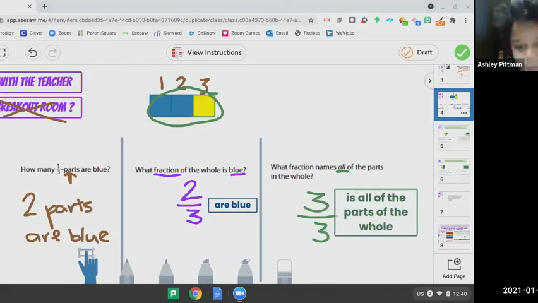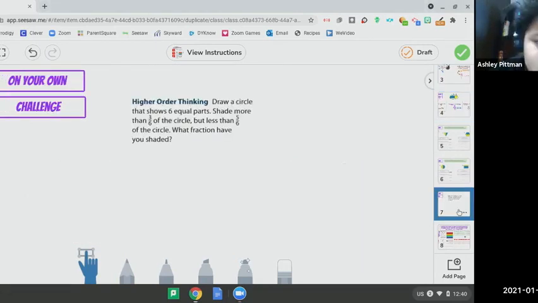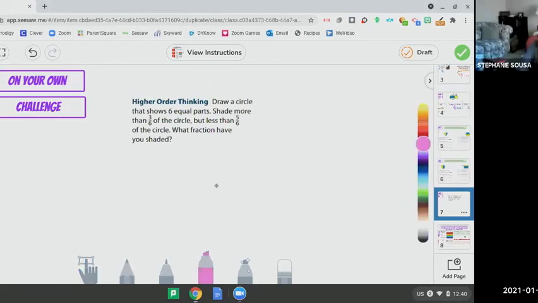On slide 7, what does it mean by what fractions have you shaded? So on slide 7, it tells you to draw a model. It says draw a circle. And then it tells you how you're going to shade. You're going to shade more than 3/6, but less than 5/6. So this will be based on the model that you draw.